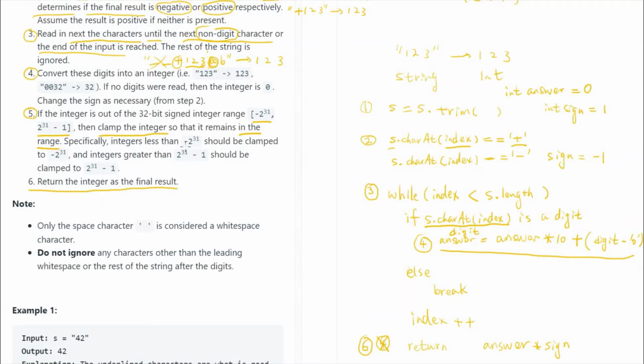If the integer is less than the minimum, then our function will return the minimum as the answer. If the integer is greater than the maximum, then our function will return the maximum number as the answer. Step number 5 will happen in the while loop.